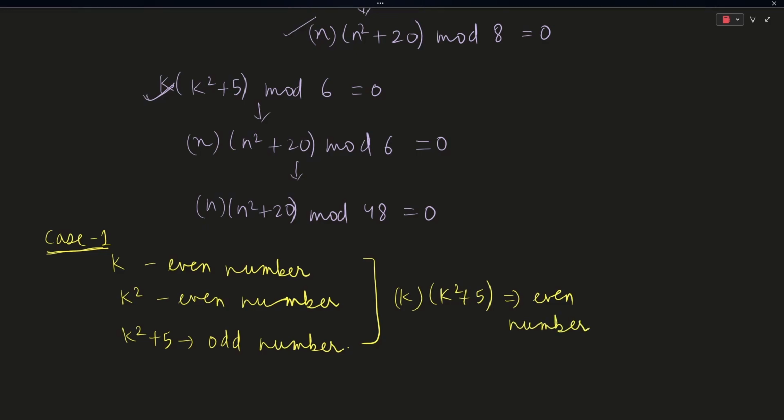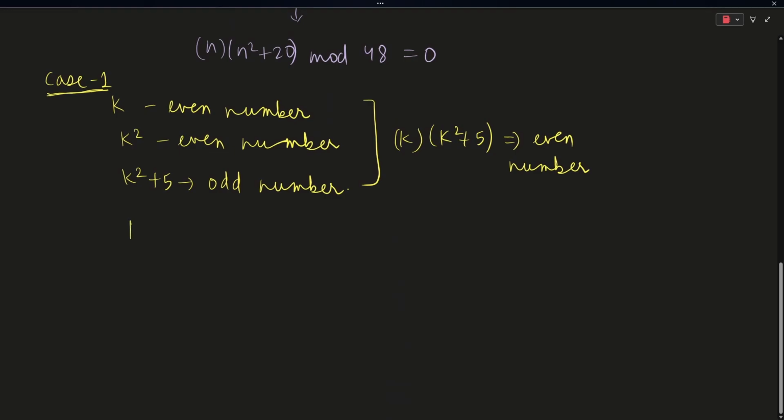Hence we can say k into k square plus 5 mod 2 will give us the remainder 0. Now remember this, that k into k square plus 5 mod 2 gives us the remainder 0.